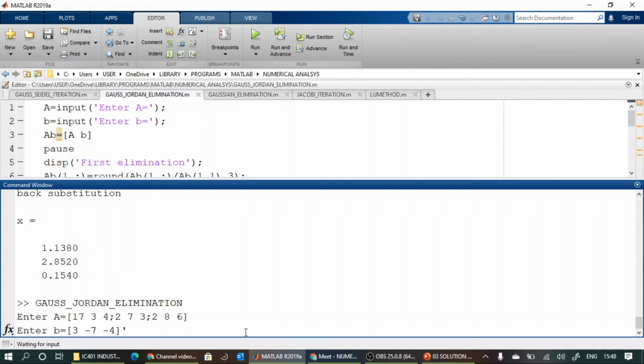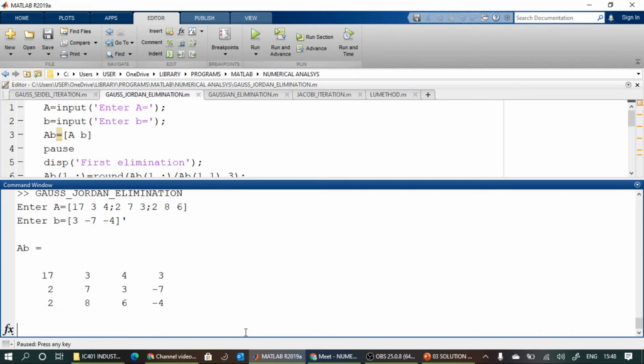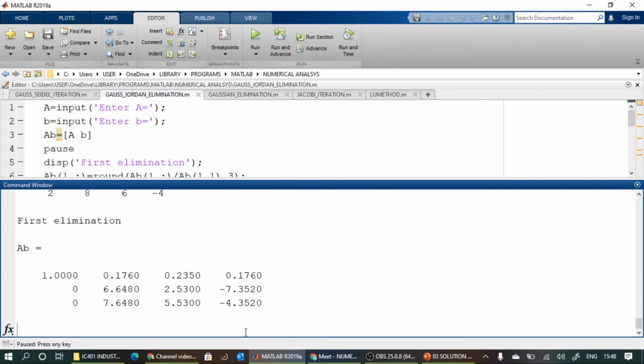That one is a column vector. So this is B, and this is the augmented matrix: 17, 3, 4, 3, 2, 7, 3, minus 7, 2, 8, 6, minus 4. Now after the first elimination we have 1.176, 0.235, 0.176, 0, 6.648, 2.530, minus 7.352, 0, 7.648, 5.530, minus 4.352. This is after the first elimination.